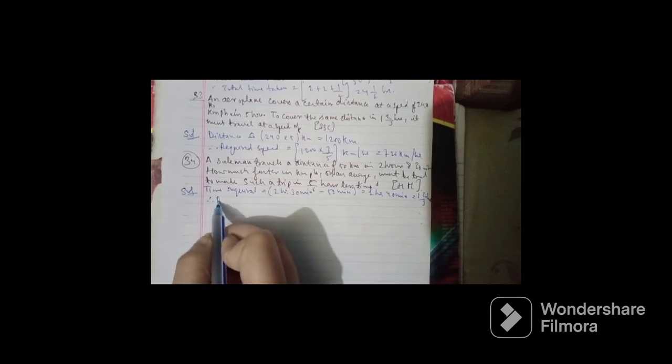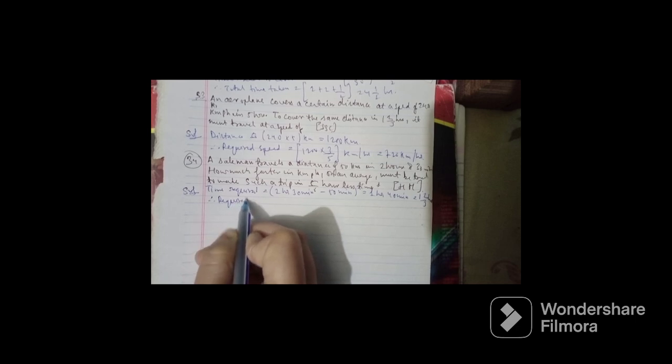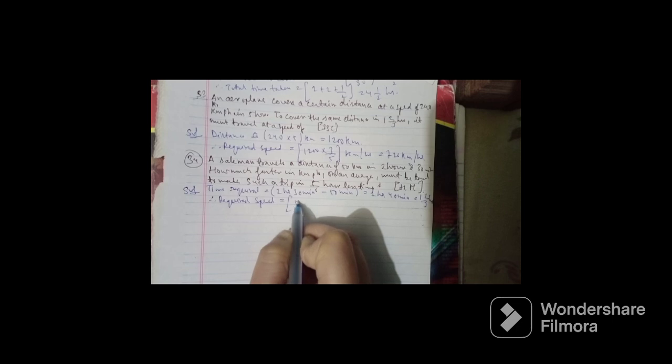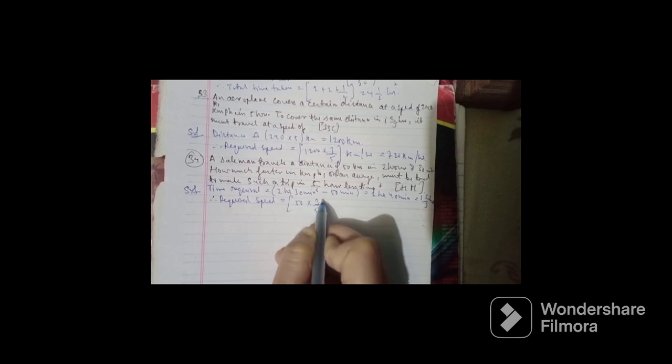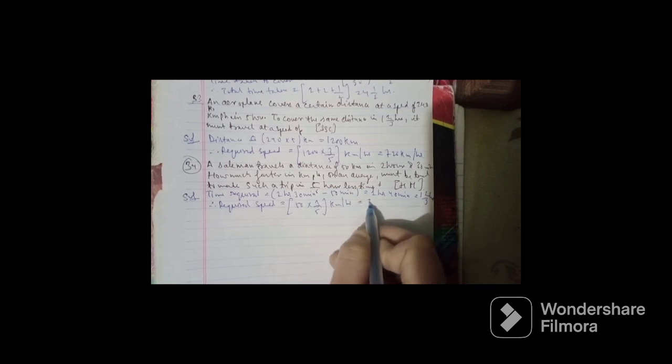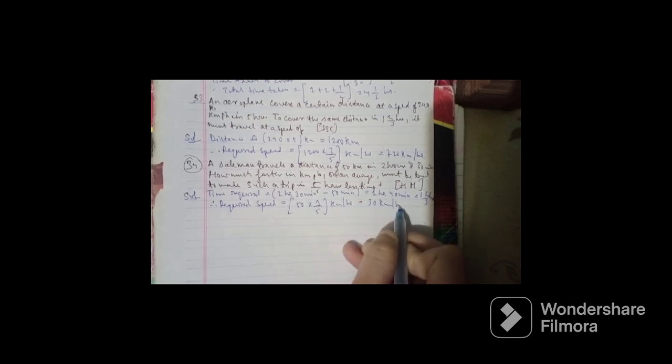Required speed equals 50 into 3 by 5 kilometer per hour, which equals 30 kilometer per hour.